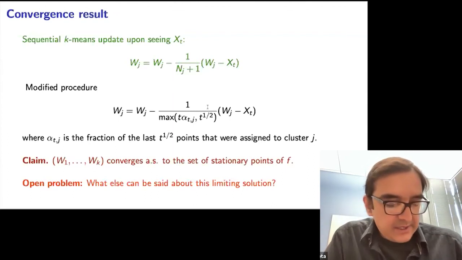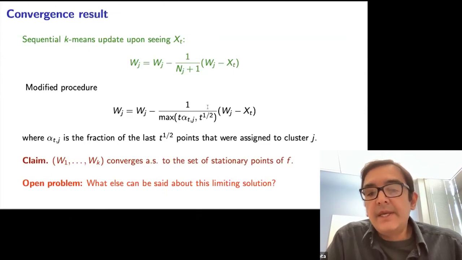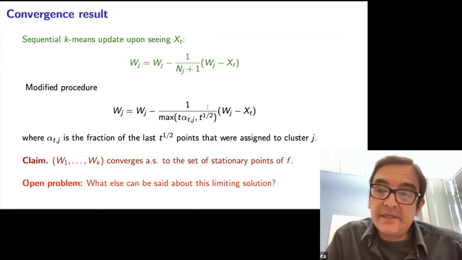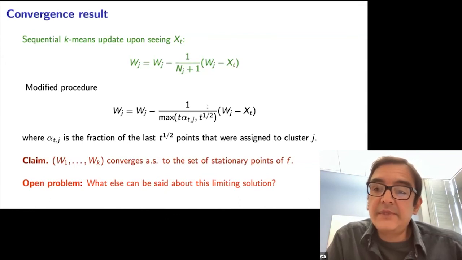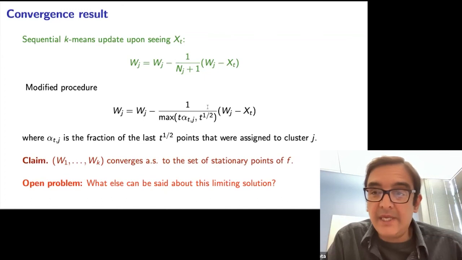Based on experiments, one thing that is observed is that if you compare the solution of this algorithm to, say, standard k-means Lloyd's algorithm, the solution is much, much worse.